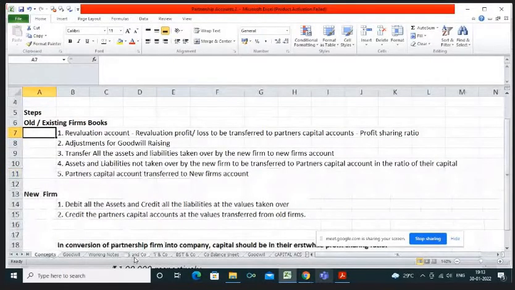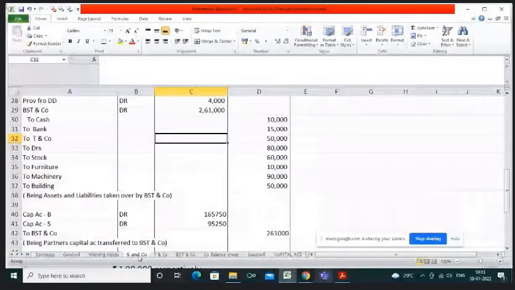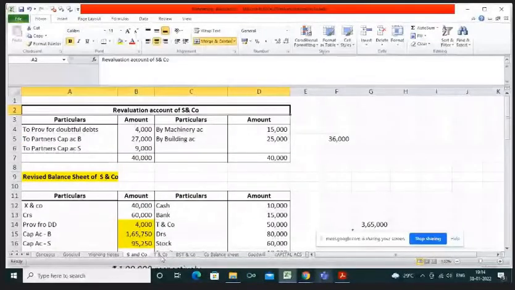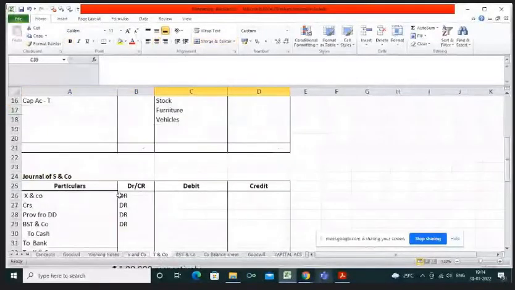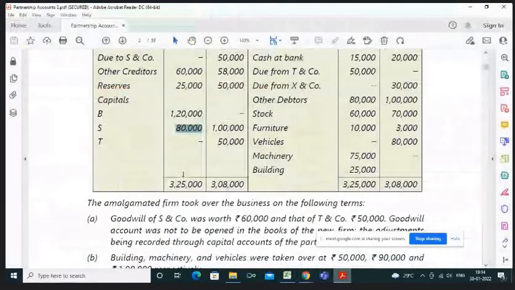So these are the steps as far as the old or existing firm's books are concerned. But there are two firms, S and Co and T and Co. So we have to do similar things for T and Co. We have to start with the revaluation account. So once again, let's move on to the question.